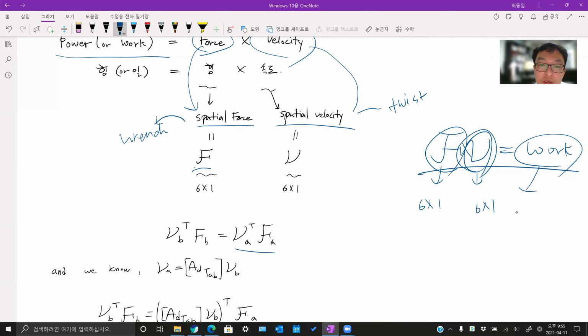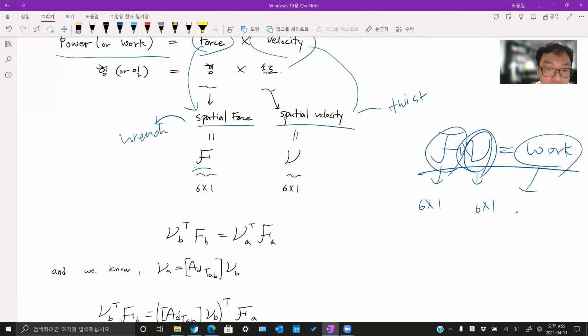So spatial velocity transpose wrench is equal in the A frame and also in the B frame, because this is work. Work is independent of the base frame.